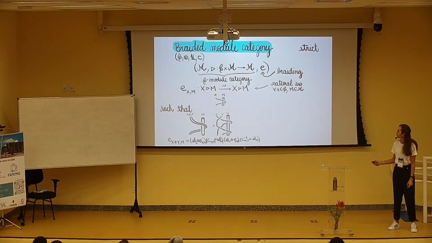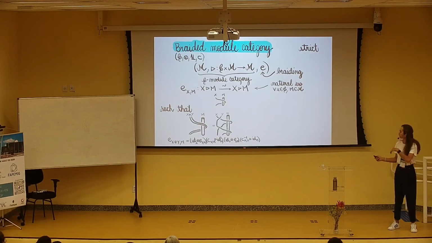Not the C, but the C inverse, because the X should go on the top of Y. So this is the C inverse. Then this is the first guy, and then I do nothing with the pole, and then I turn around the pole with this E, and then I do the braiding here, and nothing with the pole, and then I turn around the pole with E. So this is the compatibility between this guy and the C that I already have.